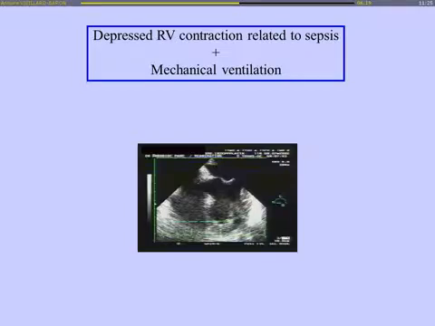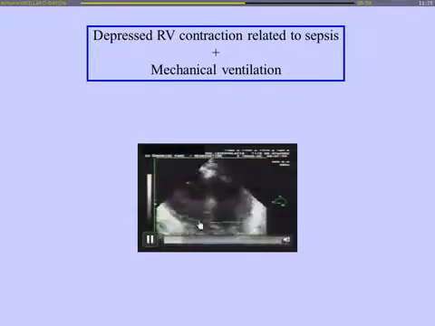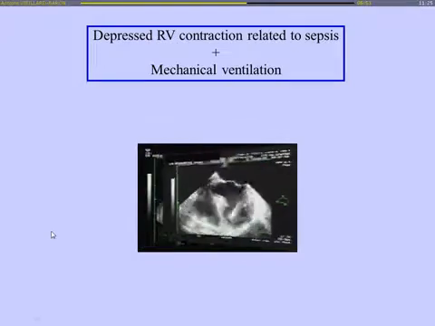You have the same illustration in septic cardiomyopathy. Look at this patient who was admitted in our unit for a septic shock from urinary origin. She was ventilated. There was no acute lung injury or severe acute respiratory distress syndrome. We can say that the gas exchange was in a normal range, but when we performed TTE because of shock, you can see dilation of the right ventricle and paradoxical septal motion.